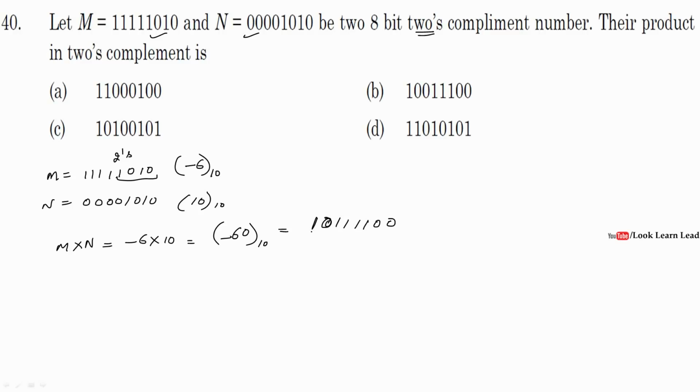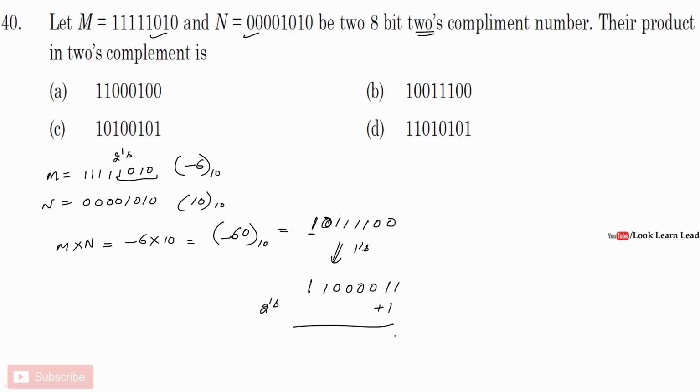So the first bit would be 1. It is in binary, so we calculate its 1's complement. The sign bit remains the same, and all zeros are converted to 1 and 1's to 0. Okay, this is the 1's complement. For the 2's complement you have to add 1 to this.